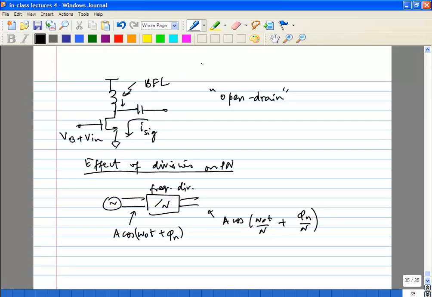So if your frequency is divided by n, phase is also going to get divided by n. So the noise in the phase, the magnitude of that, is going to go as 1 over n.